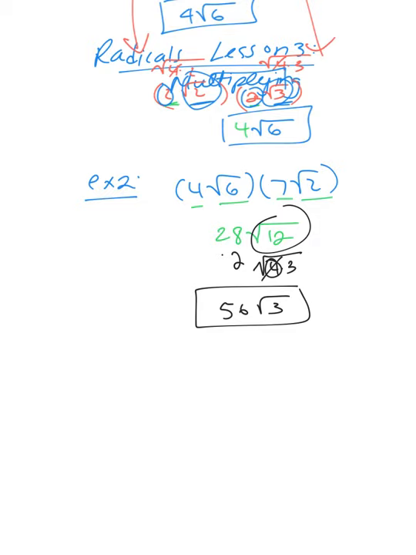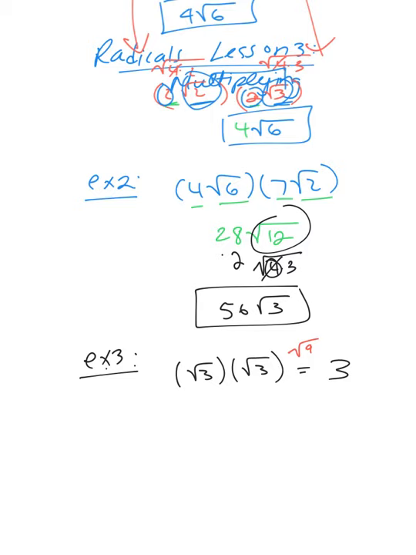Okay. Whenever you multiply a square root by itself, so example 3. Whenever you multiply a square root by itself, like the square root of 3 times the square root of 3, your result is going to be that number, but the rational version of that number. The reason is, if you think about the square root of 3 times the square root of 3, the little in-between step that occurs is the square root of 9.